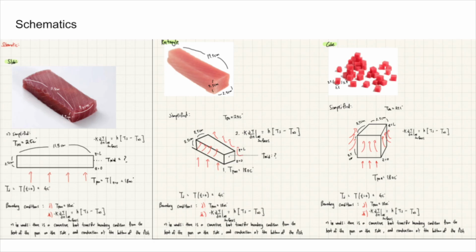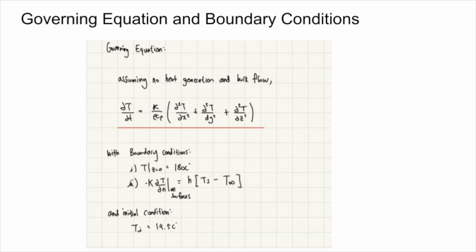On the slides is the schematic, the simplified diagram for each slab, rectangle, and cube. There is the boundary condition and each dimension listed on the slides. These are the governing equation and boundary condition as well as the initial condition listed in order to solve this problem.